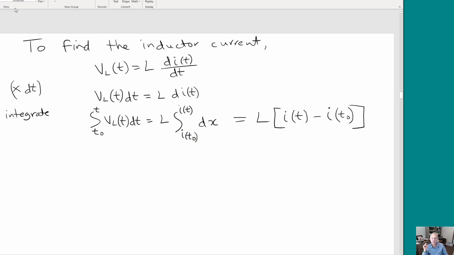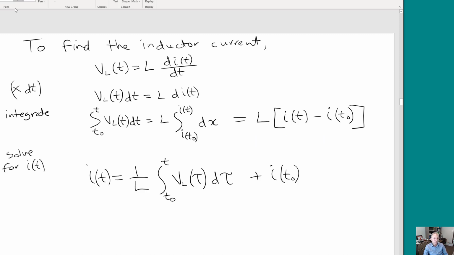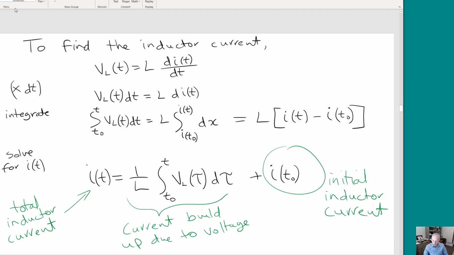That resolves itself to L times i(t) minus the initial current i(t naught). Then if we solve for i(t), rearranging that equation, we get the equation on the bottom. That's a fundamental equation, so let's see what it means.